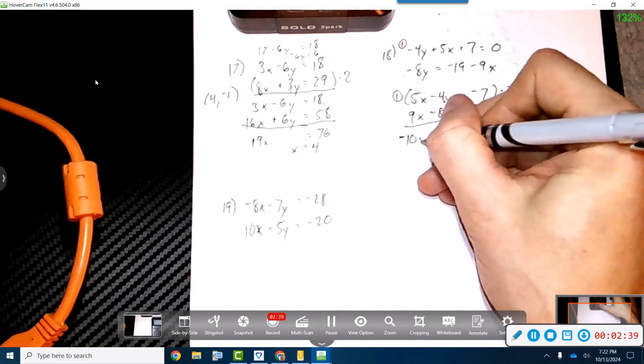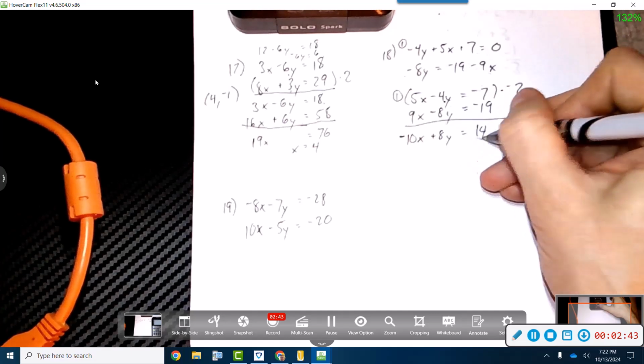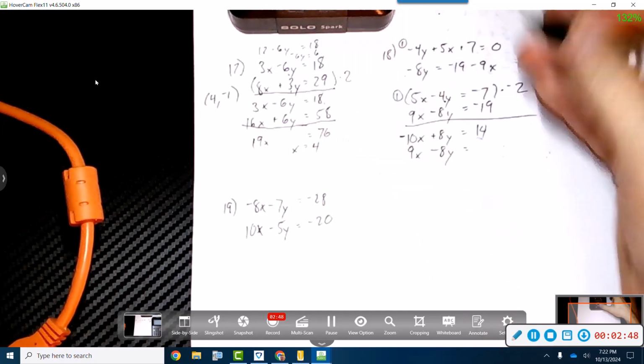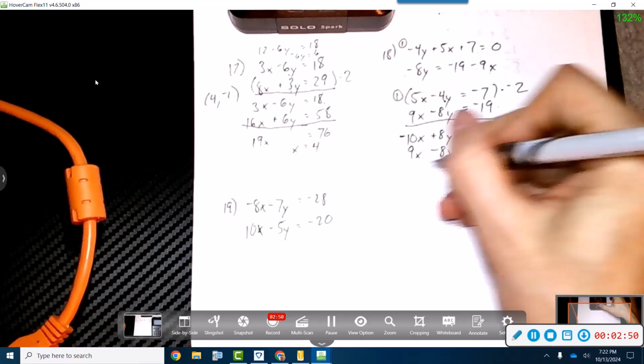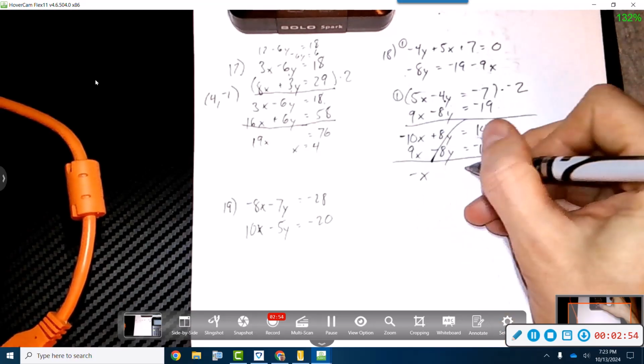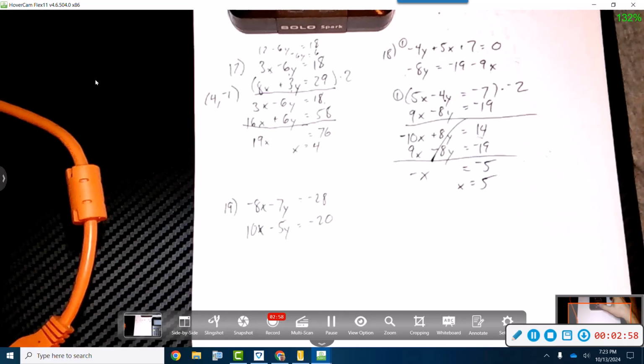So there's negative 10x plus 8y equals 14. And so now we're ready. Now it's just like number 17. It's ready to go. So those cancel out. Negative x, and that's negative 5. So it looks like x equals 5.